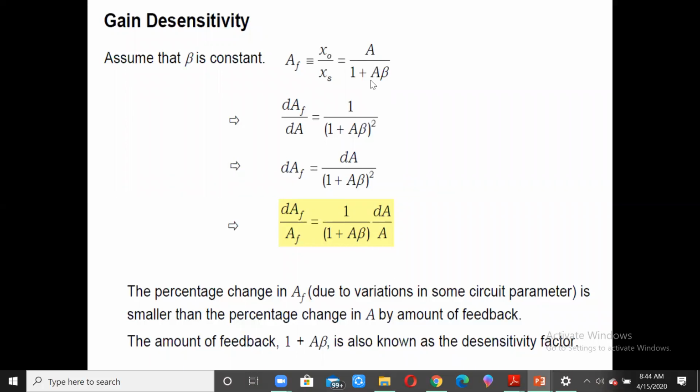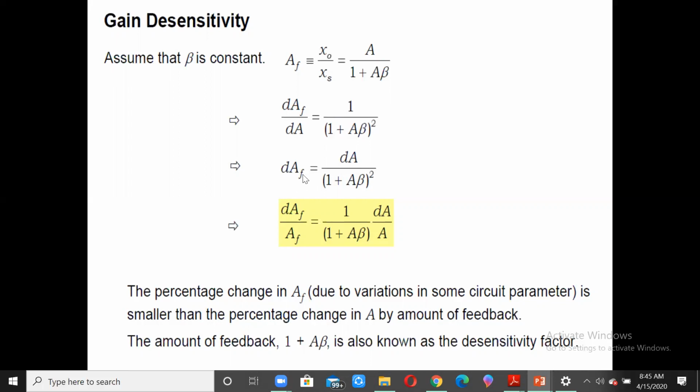Then the differentiation of that will be (v u dash minus u v dash) divided by v square. This is u and this is v. If you do that and simplify, you are going to get 1 by (1 plus A beta) whole square, and this dA, if you take on this side, then you get this.